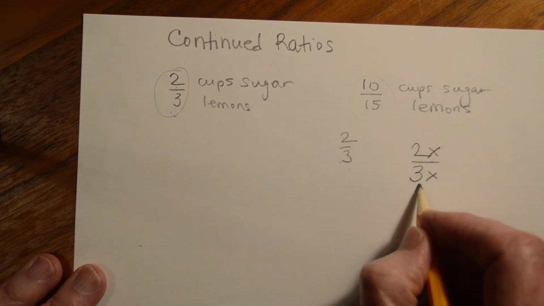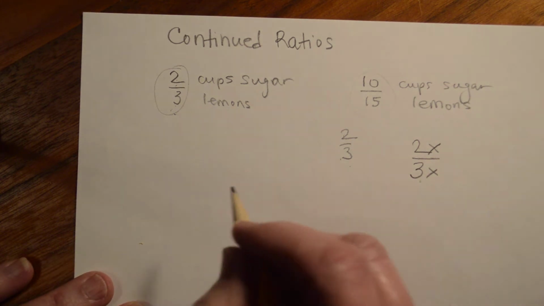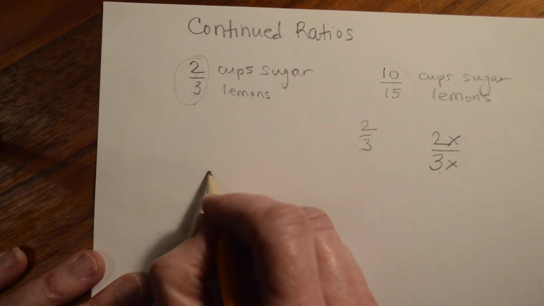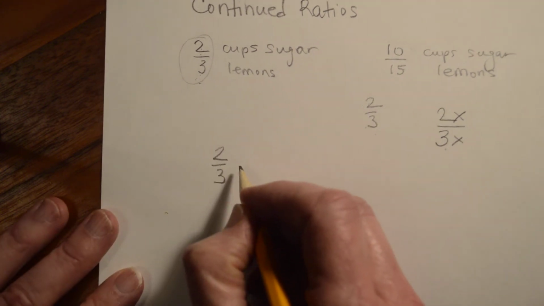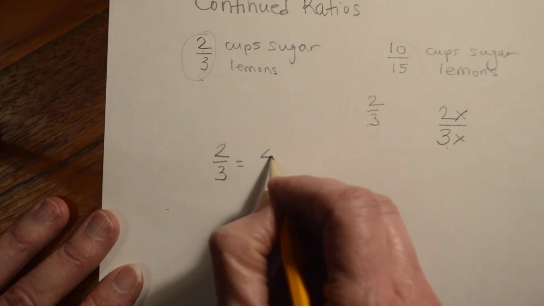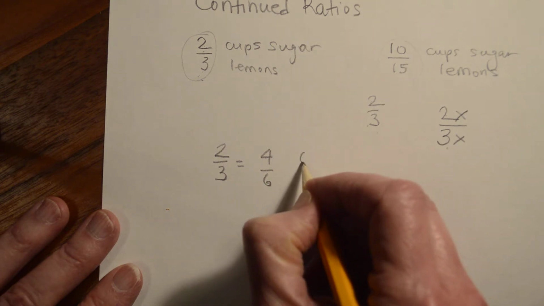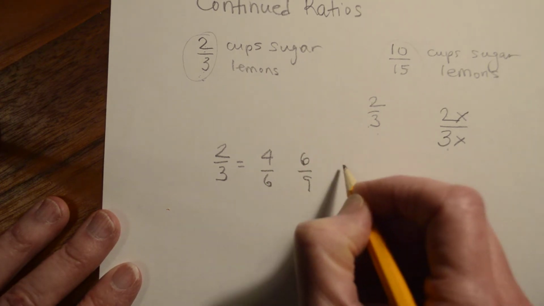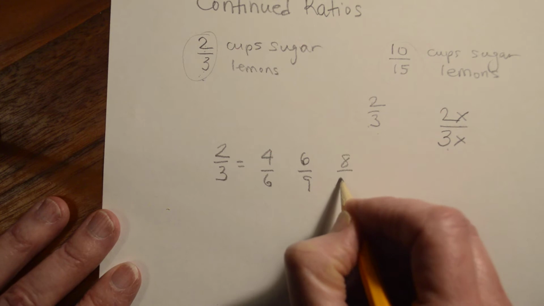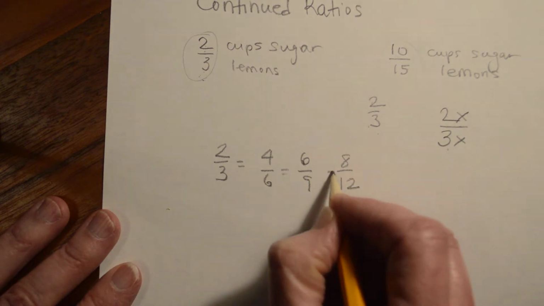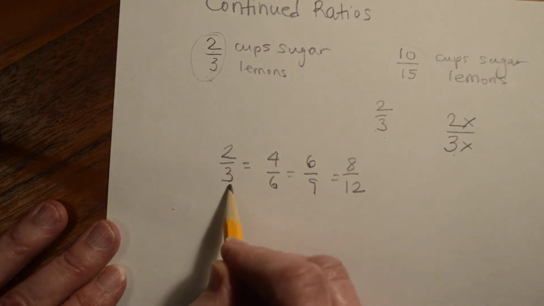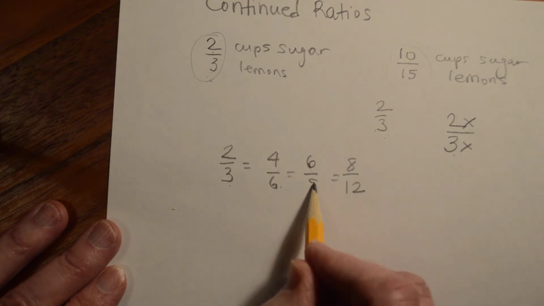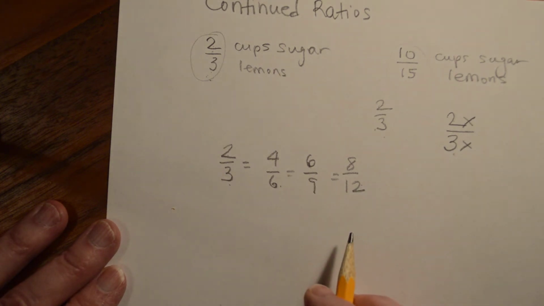Now, when you think about when we learned fractions and fraction families, that's exactly the same thing that we did. We said in a fraction family, it was 2/3 and 4/6 and 6/9 and 8/12, and every time we were taking and multiplying numerator and denominator by the same number to get some other member of the fraction family.